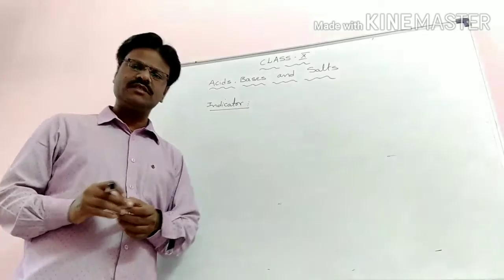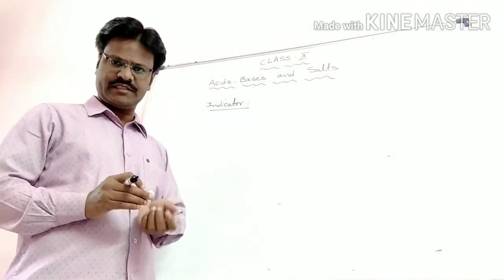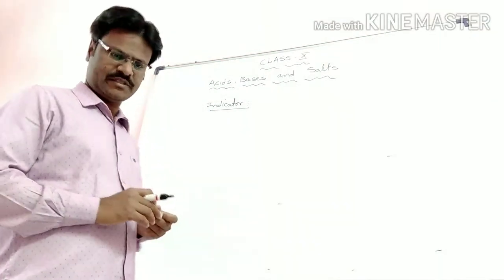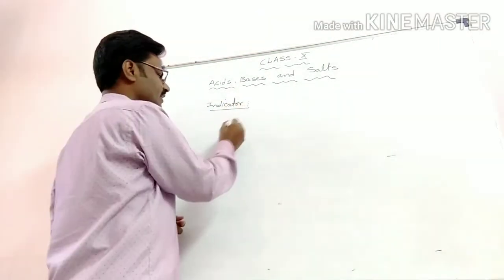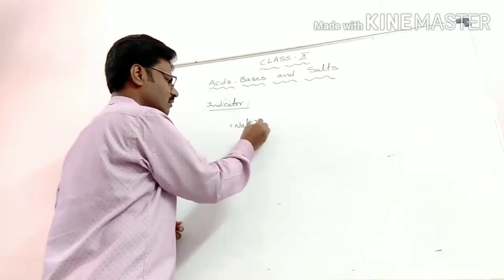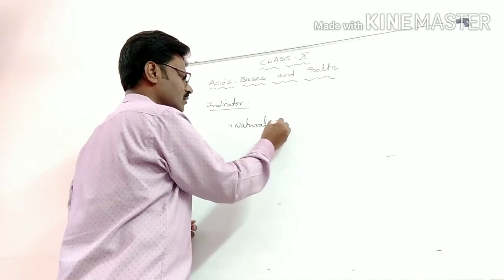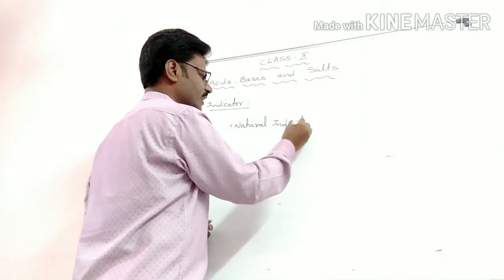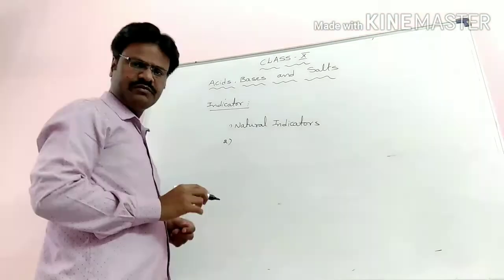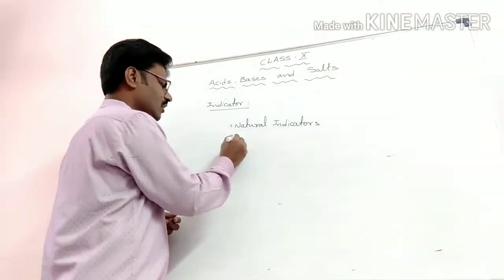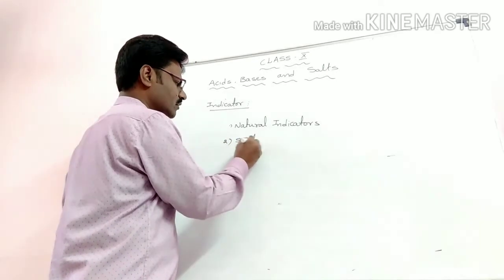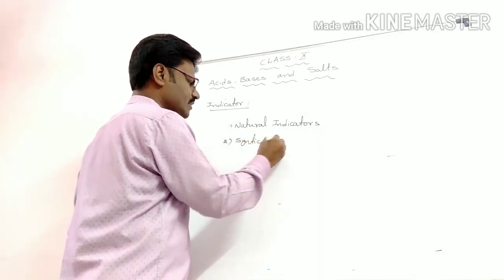Those chemical substances we call indicators. Mainly indicators can be classified into two types: natural indicators and artificial or synthetic indicators.